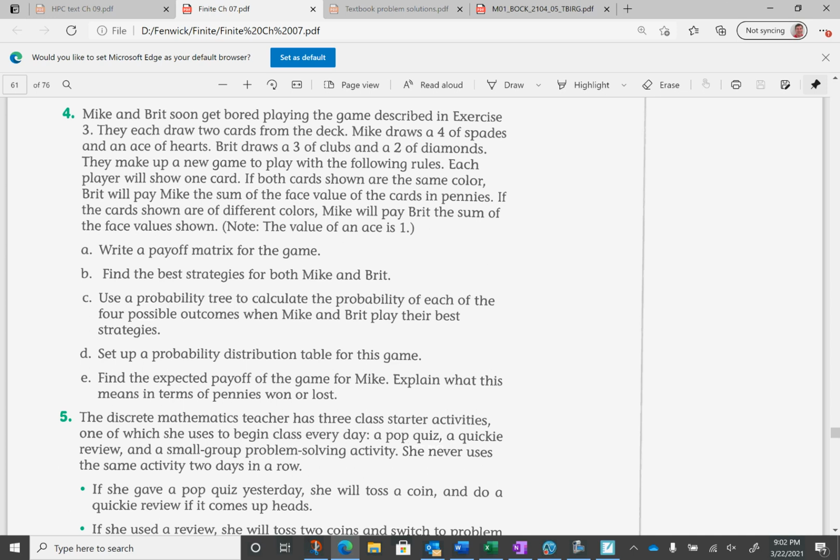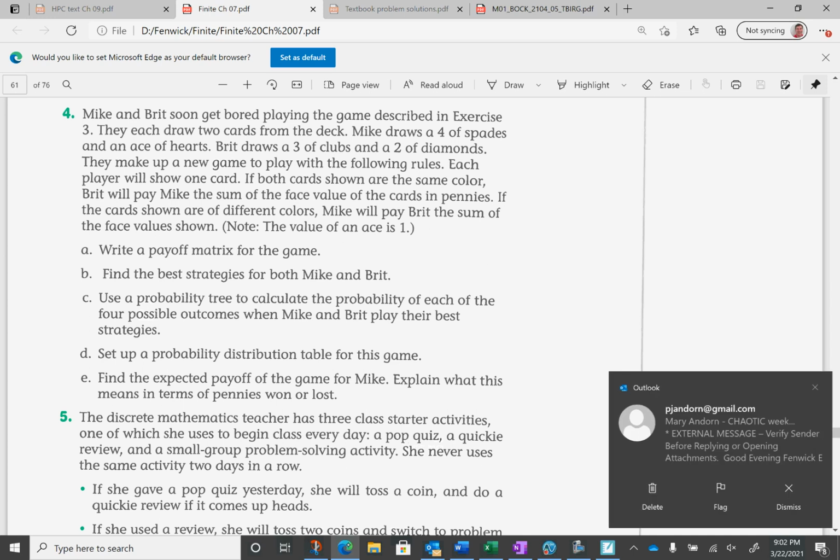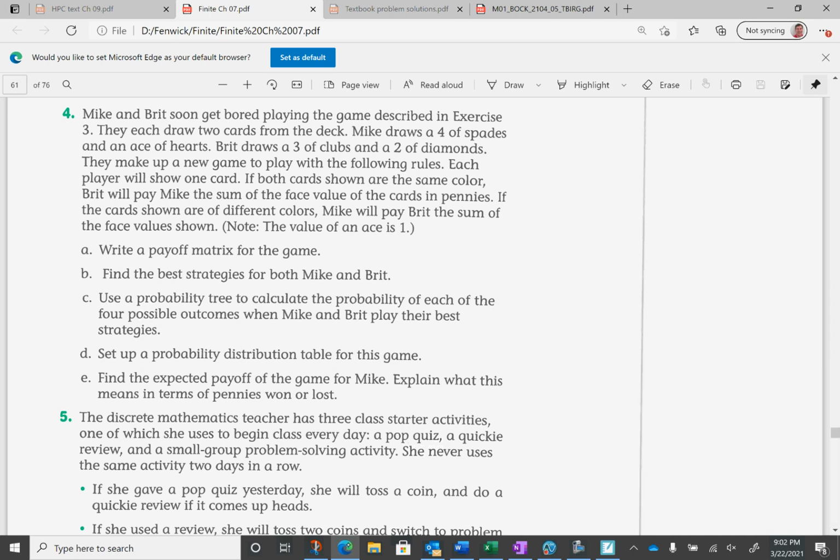If both cards are the same color, Britt will pay Mike the sum of the face value of the cards in pennies. If the cards are different colors, then Mike will pay Britt the sum of the face value shown. Oh, by the way, for our lovely little game here, an ace is just a 1. Okay?